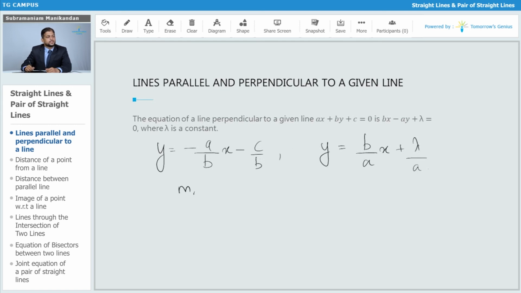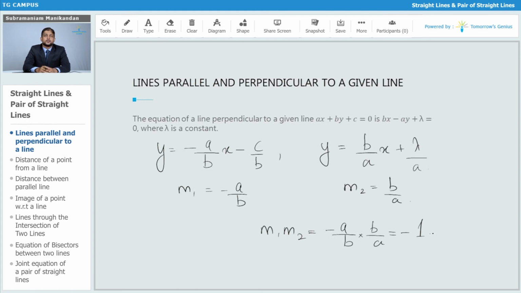So the slope of the first line is minus a upon b, the slope of the second line is b by a, and thus the product of slopes equals minus a by b times b by a, which is equal to minus 1. The product of the slopes of two lines which are perpendicular to each other is equal to minus 1, meaning that they are perpendicular.